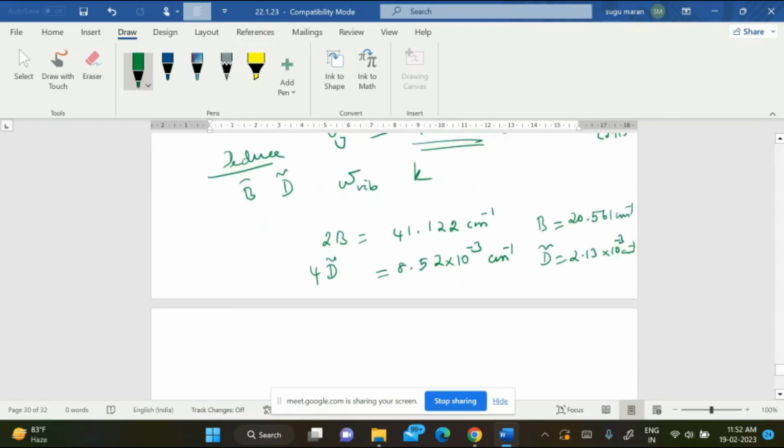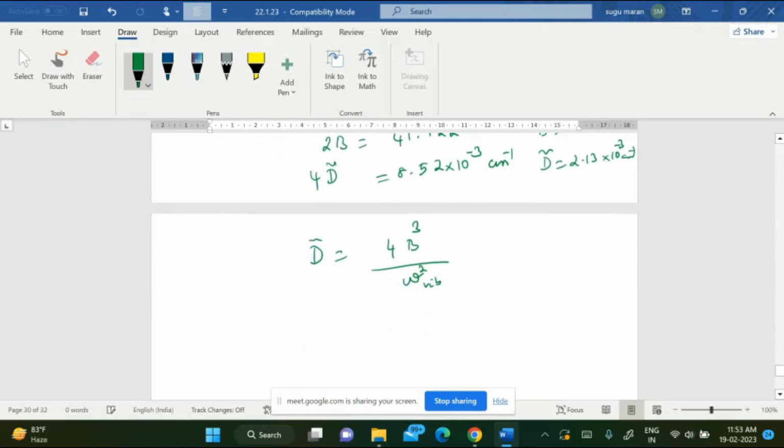Then from knowing the D value, I know that there is another equation, D equals 4B cube divided by omega square, the vibrational frequency square.